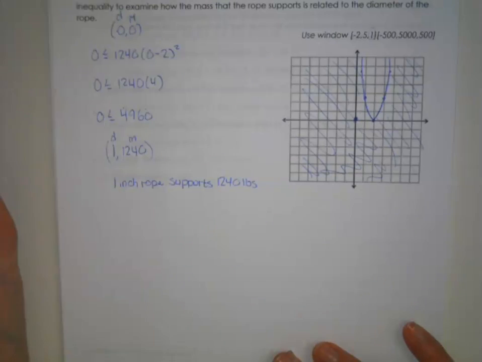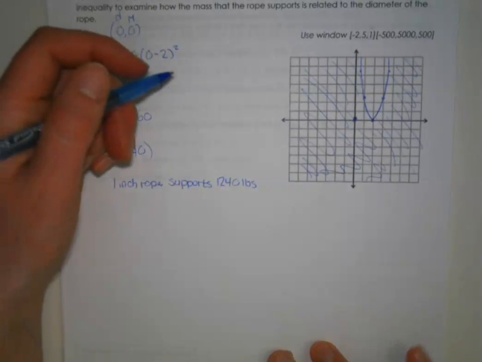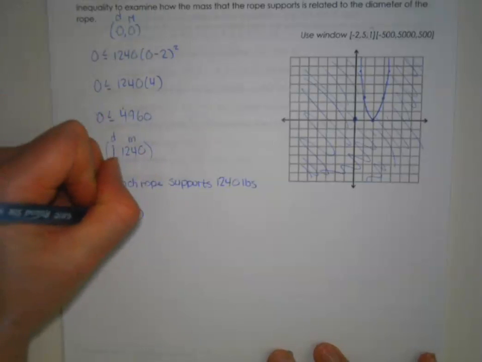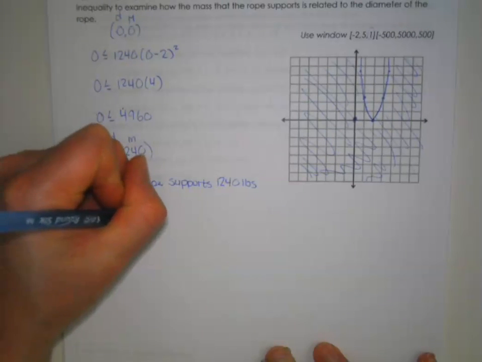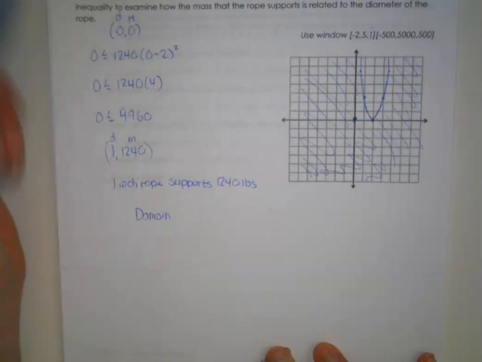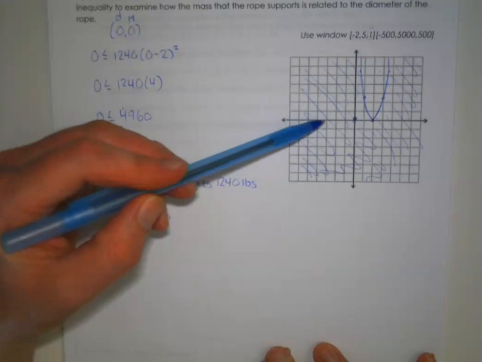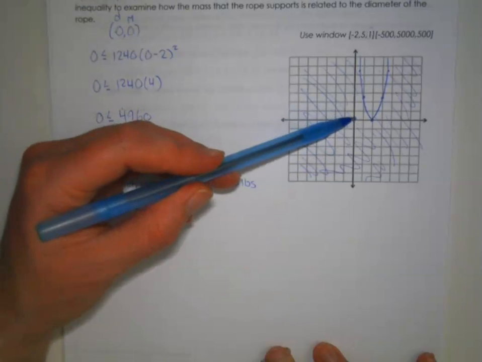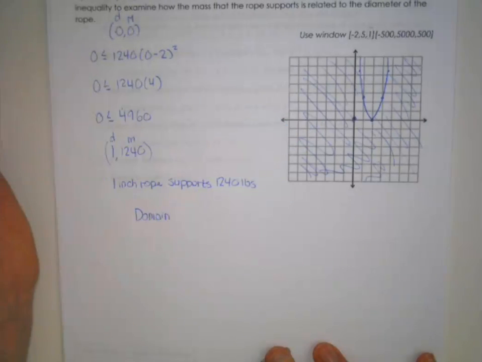Now, of course, if we were to state a domain for this graph, this time let's actually do domain and range for this one. For the domain, we want to think about what would make sense. Domain is our x values, which is our diameter. So is it possible to have a negative diameter value? Obviously not.